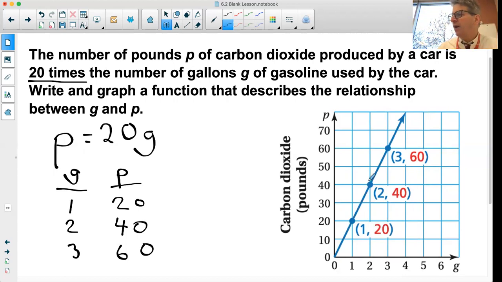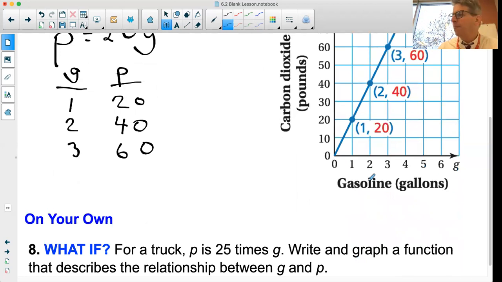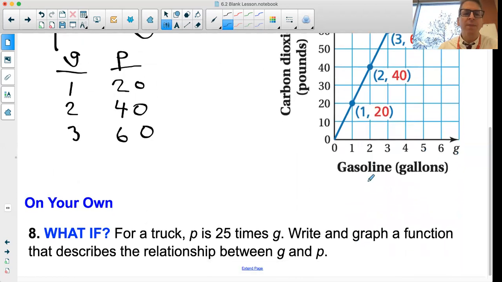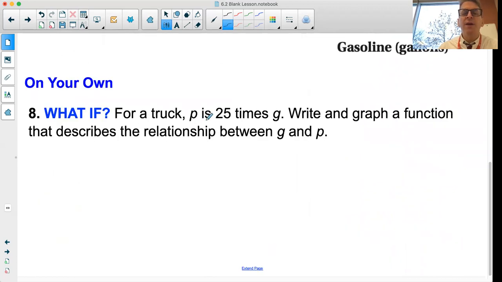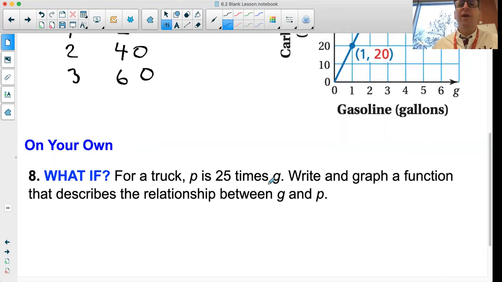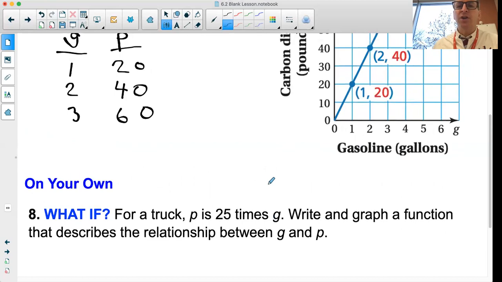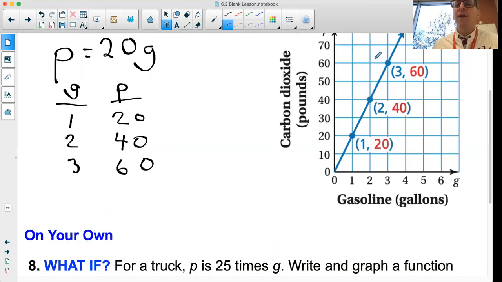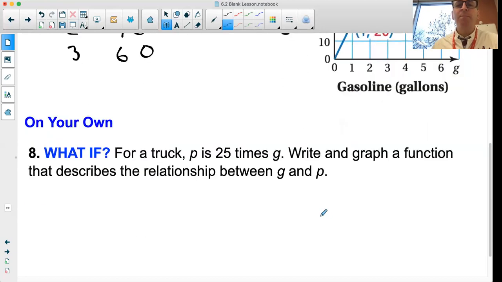So we're going to conclude this lesson with our last on your own, and it has to deal with the example that's above here. And it says, for a truck, P, which is the pounds, is 25 times the G. Write and graph a function that describes the relationship between G and P. What I thought we would do is first, let's write the function, and then we'll graph it right on the same graph, okay?